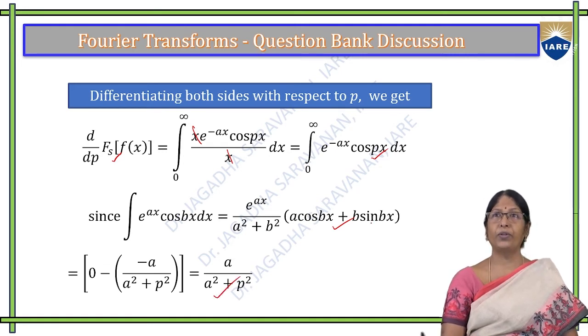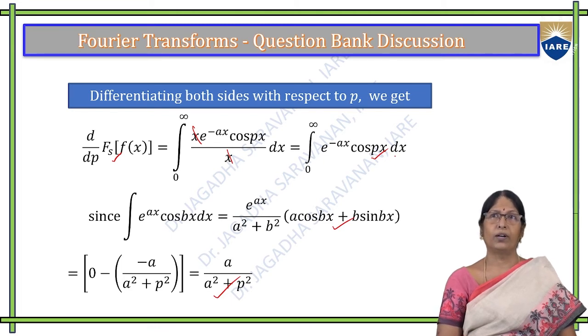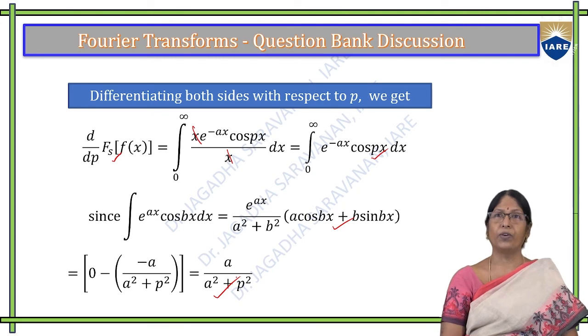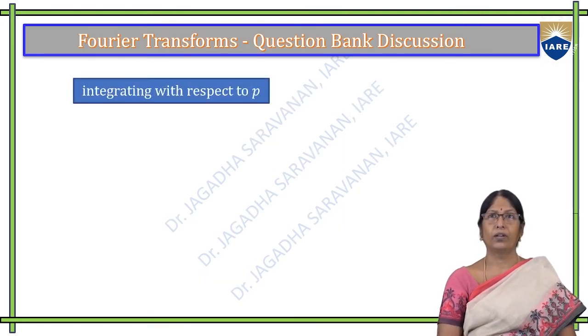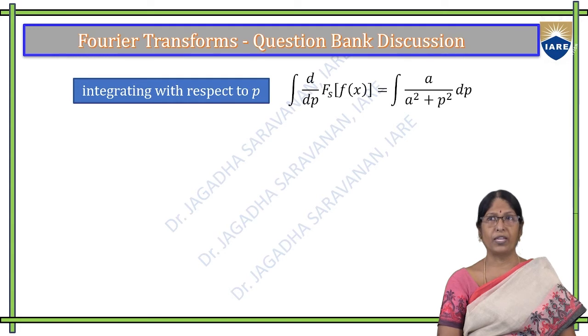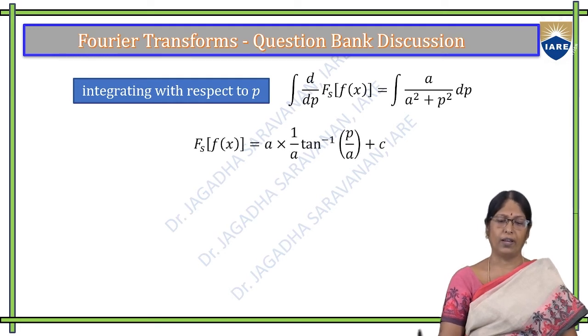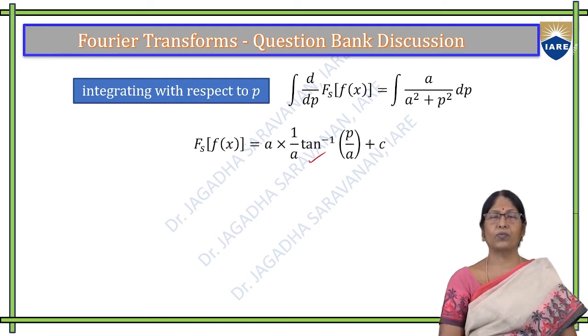When we compare the formula with our given problem, what are the variables playing the role, and applying, we achieved this result. So to reach the answer, we do the integration on both sides, and we obtain the Fourier sine transform of the function which is asked in our question.